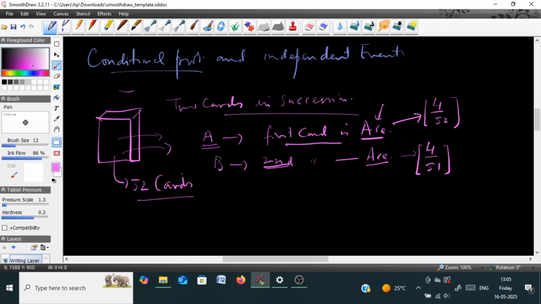But in the second case, which I defined as event B, the probability can either be 4 by 51 or it can be 4 by 52, 4 by 52 if I replace the first card after drawing.